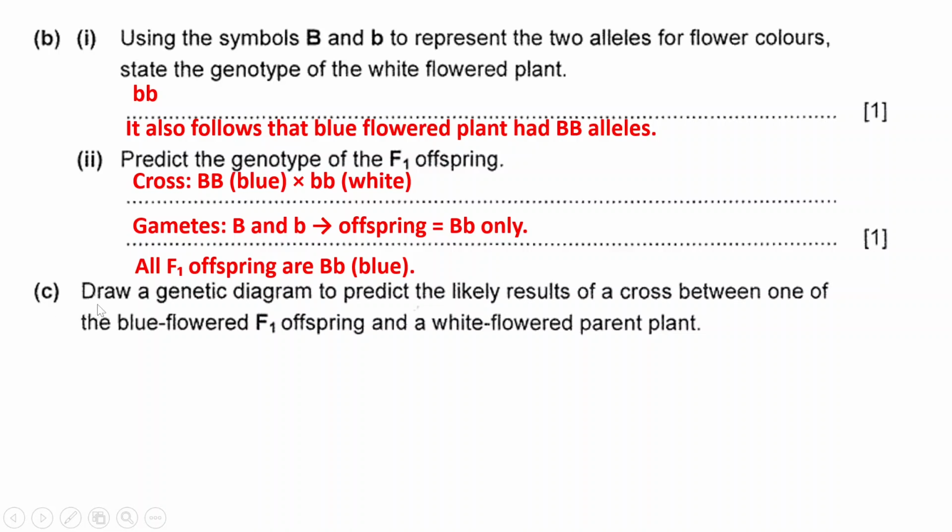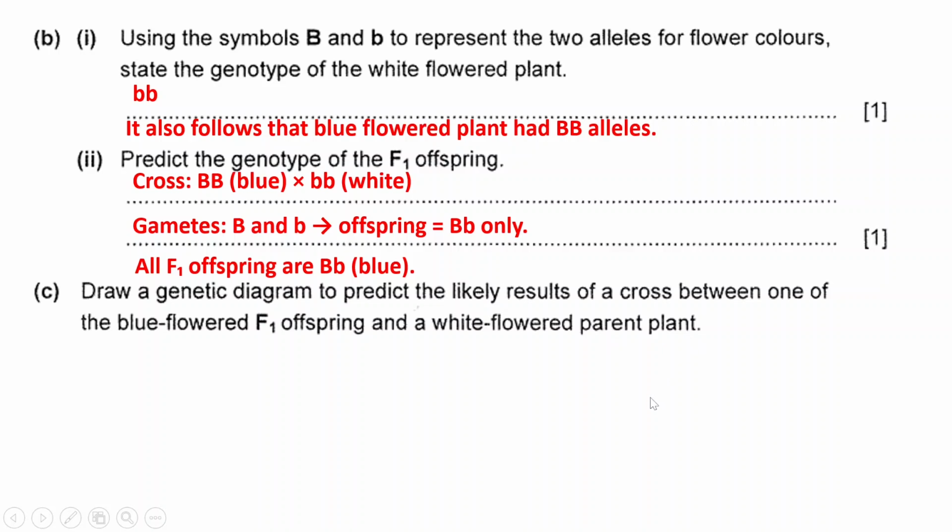Now, they're saying draw a genetic diagram to predict the likely results of a cross between one of the blue flowered first filial offspring and a white flowered parent plant.